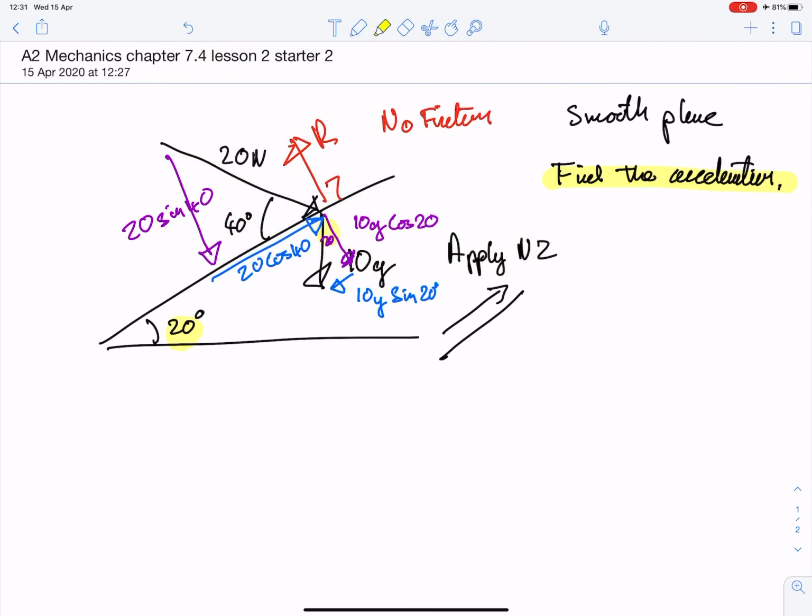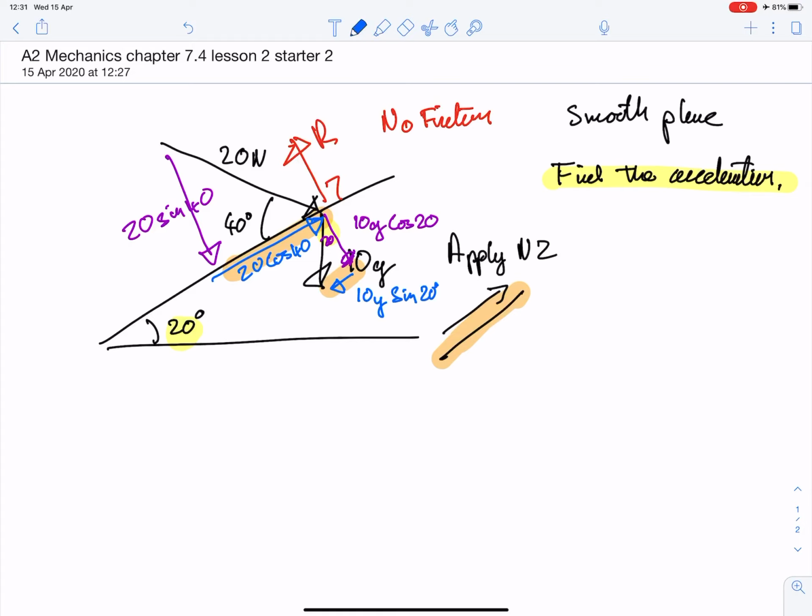Okay, so we are going to apply N2 parallel to the plane. So that component and that component are parallel to the plane.